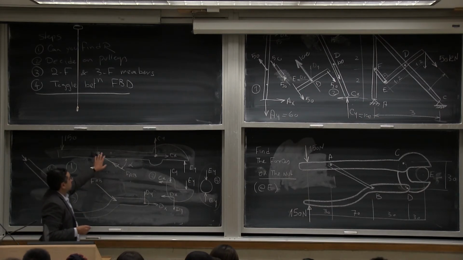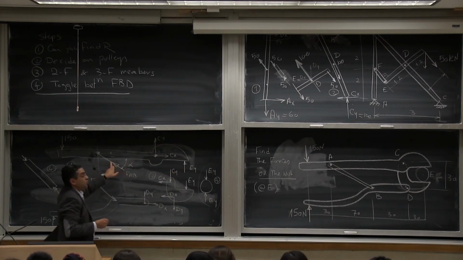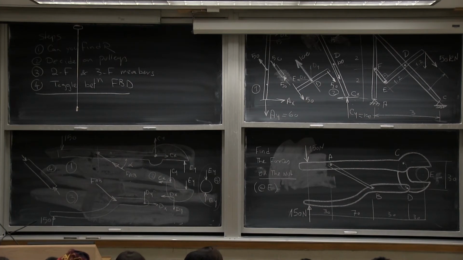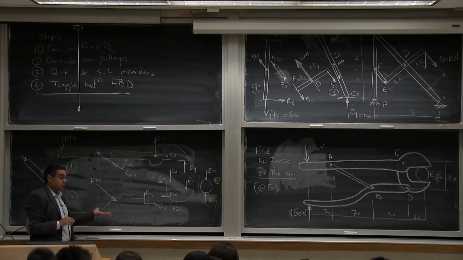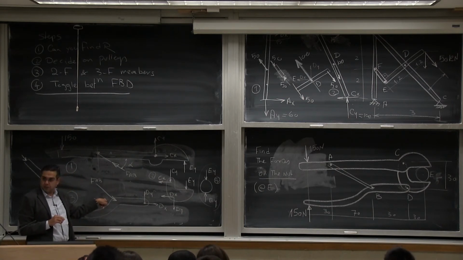Exactly. So the problem here was you have 1, 2, 3, 4 unknowns. You cannot solve this whole thing. So number 1 is not solvable. But if you take the third one, you have 1, 2, 3, you can find a solution.